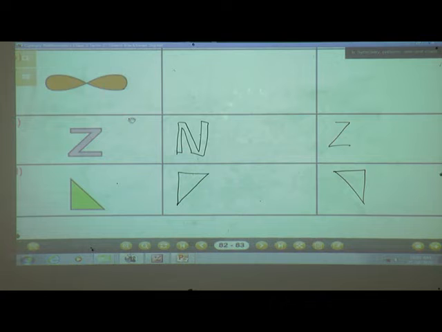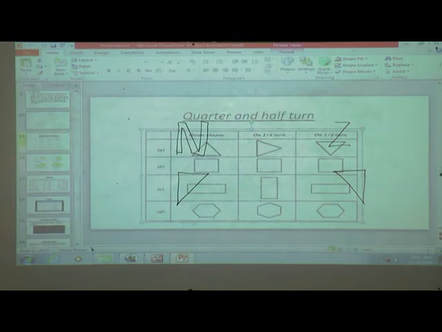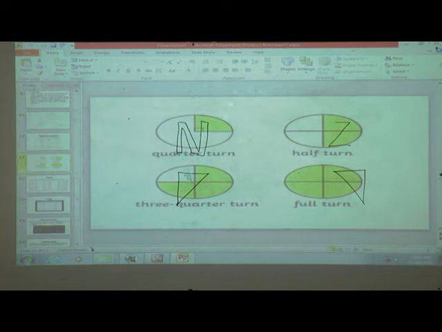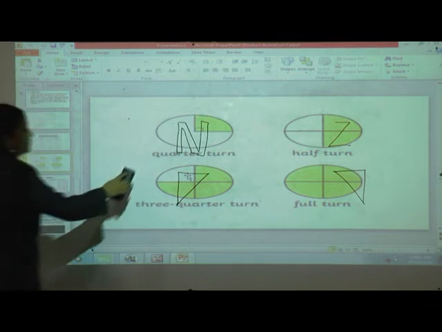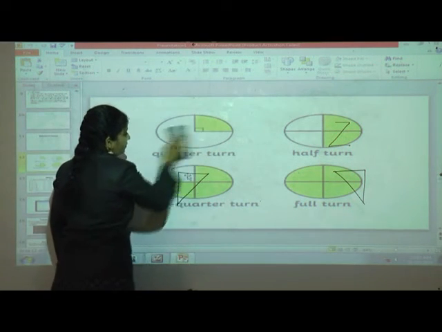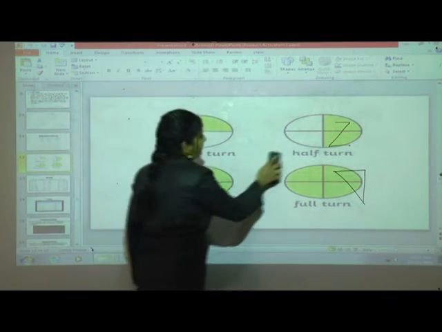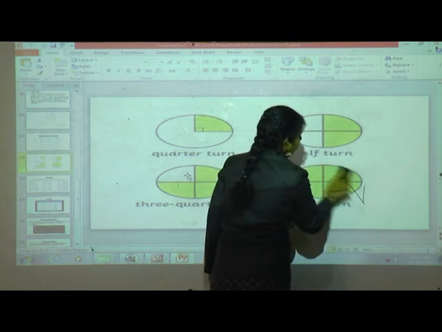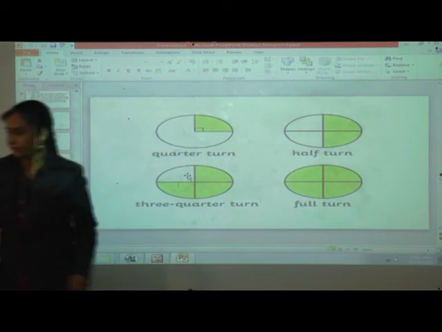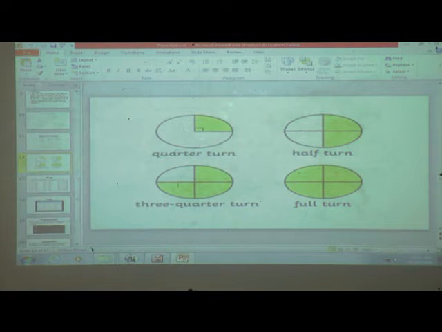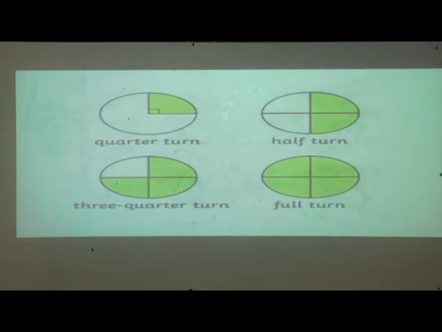Okay students, now see here are some figures we just studied. Now see quarter turn. Quarter turn means what?